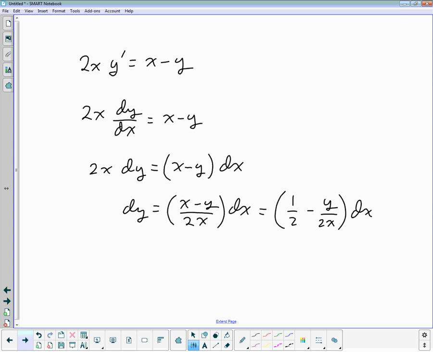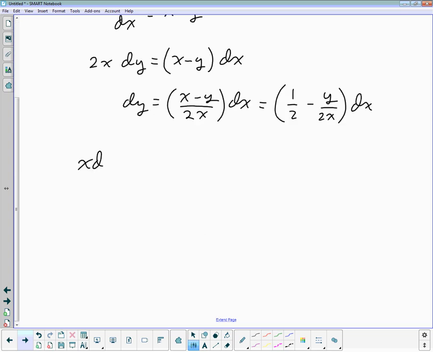So let's clean this up. X dv plus v dx is equal to 1 over 2 minus v over 2 dx. Move the v dx over.